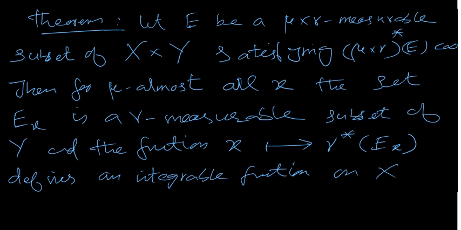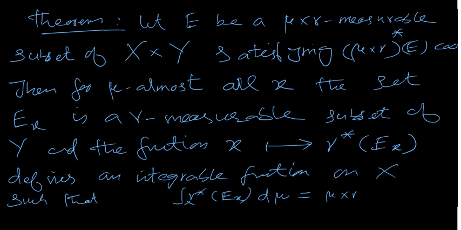What will be its integral? That's very interesting. The integral of this function nu star of Ex d mu, it's a function of x, so we do this integration with respect to x over the space X. It's equal to mu cross nu star of E. Its integral is finite.